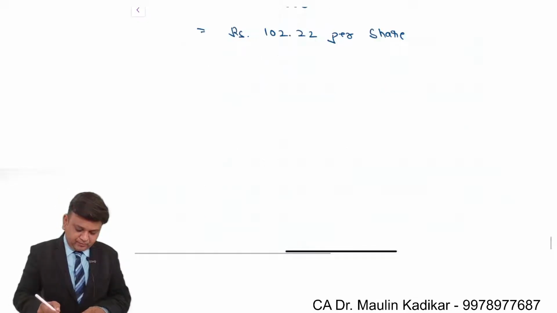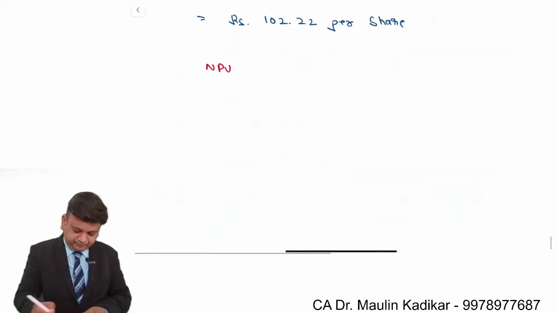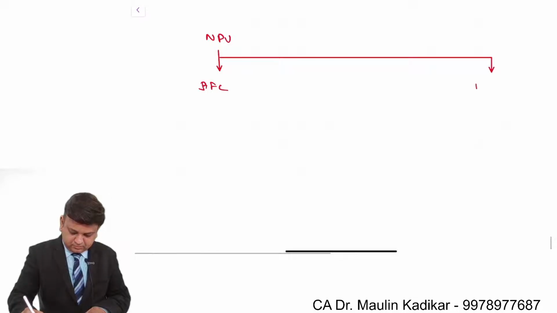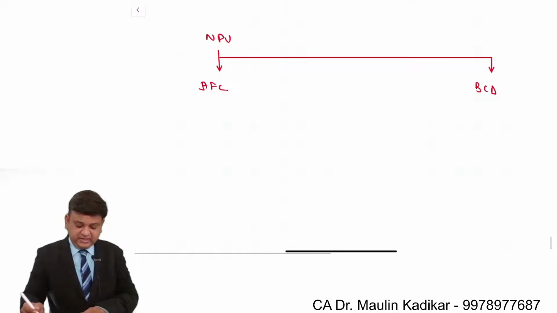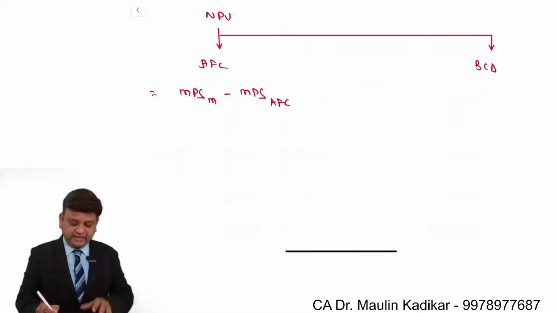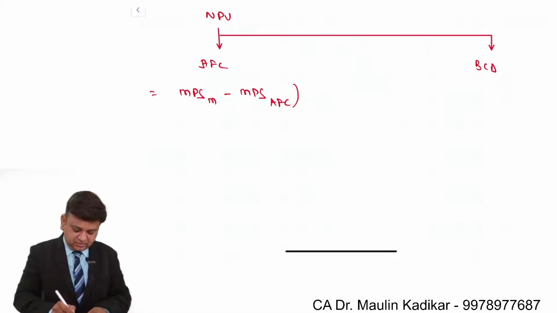Now, net present value to AFC Limited and to BCD Limited. In that case, MPS of the merged firm minus MPS of AFC into number of shares of AFC.